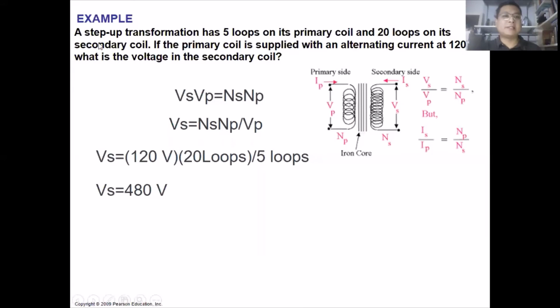Here is example one. A step-up transformer has 5 loops on its primary coil and 20 loops on its secondary coil. If the primary coil is supplied with an alternating current at 120 volts, what is the voltage in the secondary coil?